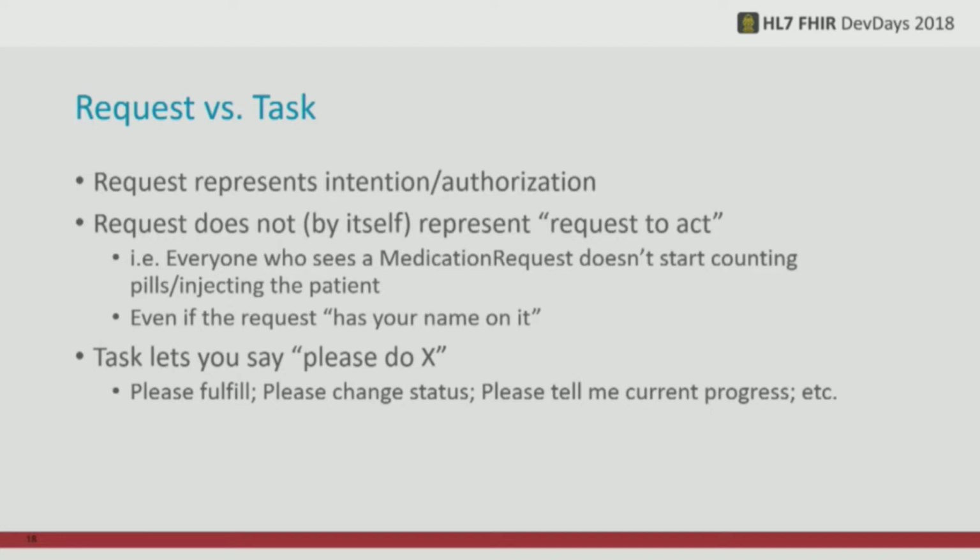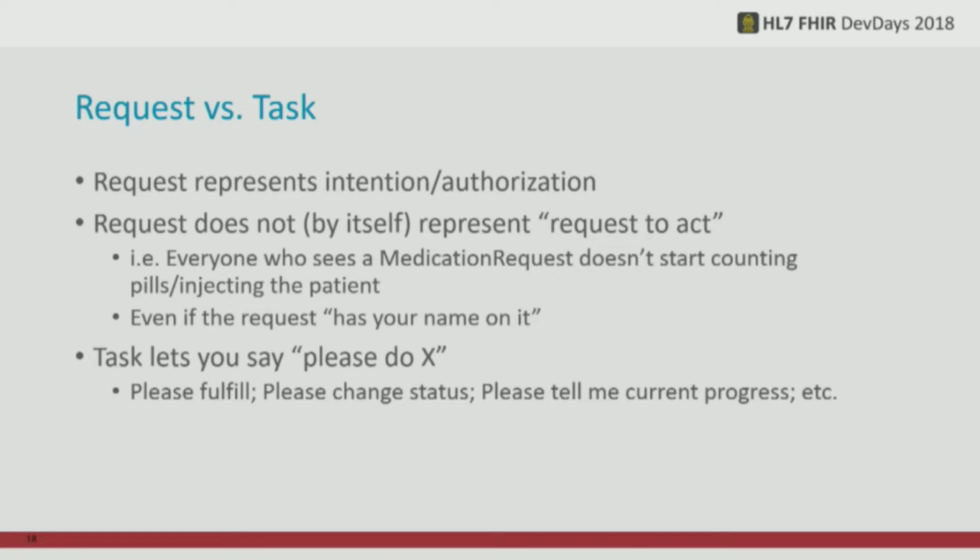The resources that we have for service request or medication request or claim or whatever are in and of themselves authorizations. They are granting permission for something to happen or indicating a desire for something to happen, but they aren't specifically asking any particular individual to do it now or to do all of it now.